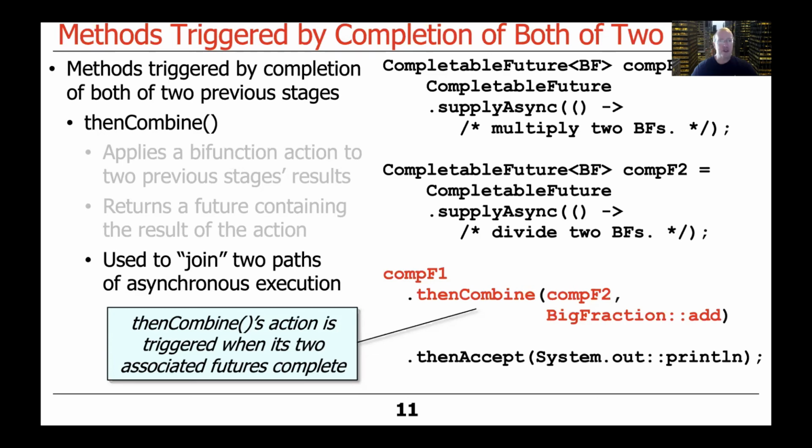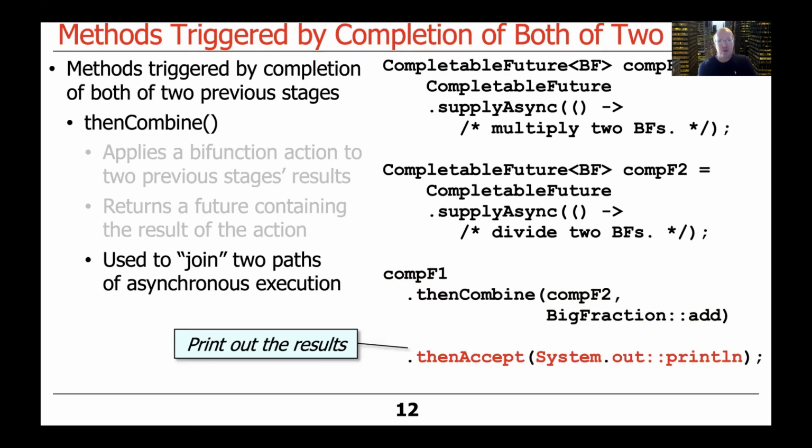And when then combine is called, of course, it's going to return a completable future, and that completable future, when completed, can then be used in a fluent chain. So you can see here what we're going to do when we're all done with adding the results of those two asynchronous computations is we're then going to go ahead and accept them and print the results out.